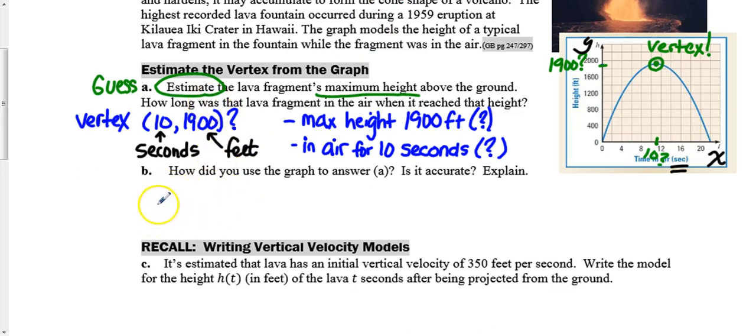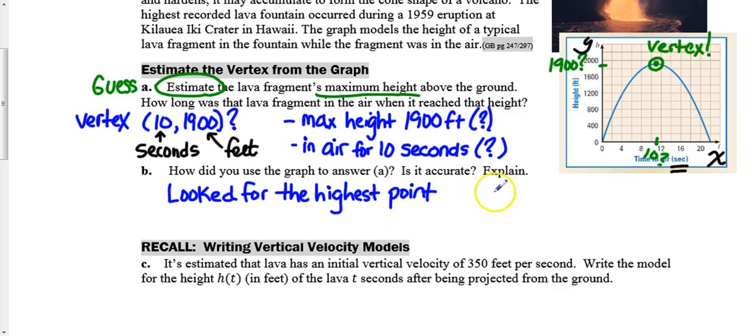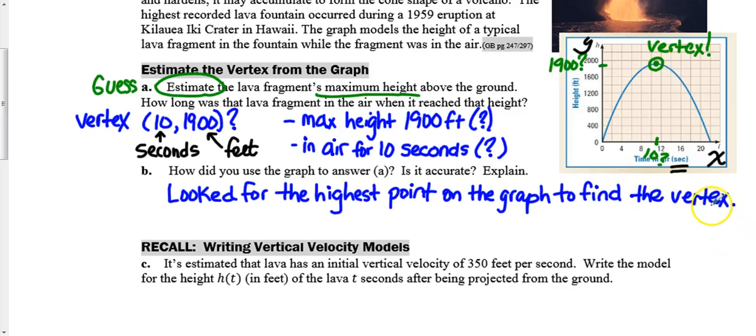Something along the lines of: looked for the highest point on the graph to find the vertex. Any sentence or idea that conveys this concept would be a great answer for part B. We looked for the highest point on the graph to find the vertex.